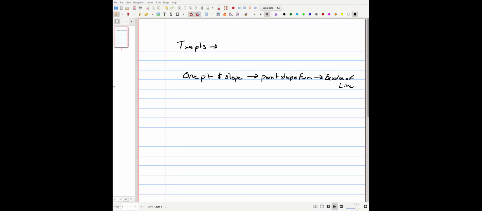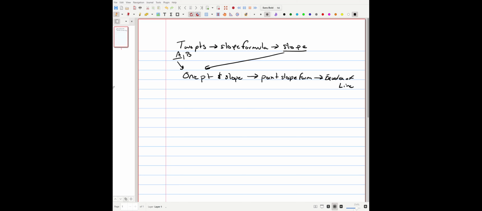Well, then you use slope formula, and that will give you the slope. And then take this slope and one of these points. We have 2 points, so I'll call it A and B. No, I don't want to write it like that because that looks like an ordered pair. So take the slope here and 1 point, and then you're back here. Once you find the slope using the slope formula, you basically follow this chain now.